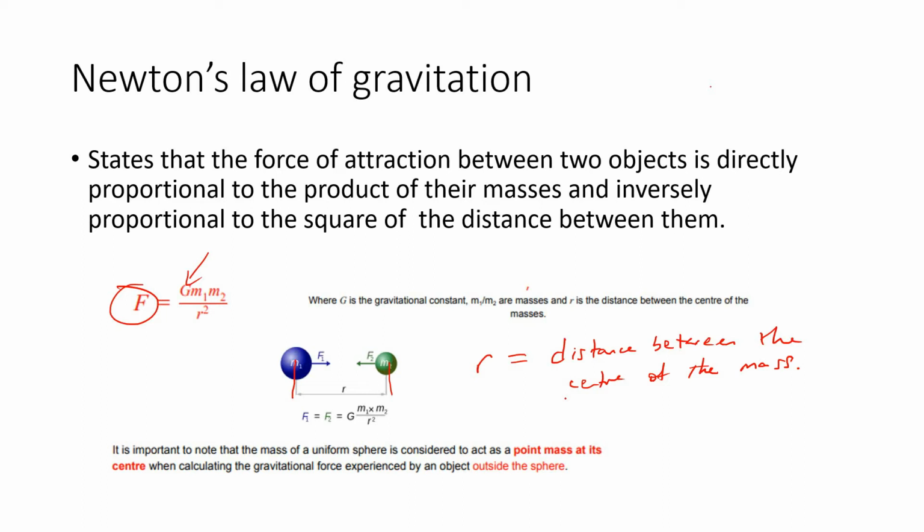So here's what the law states, and we must know this law. It states that the force of attraction between two objects is directly proportional to the product of their masses and inversely proportional to the square of the distance between them.